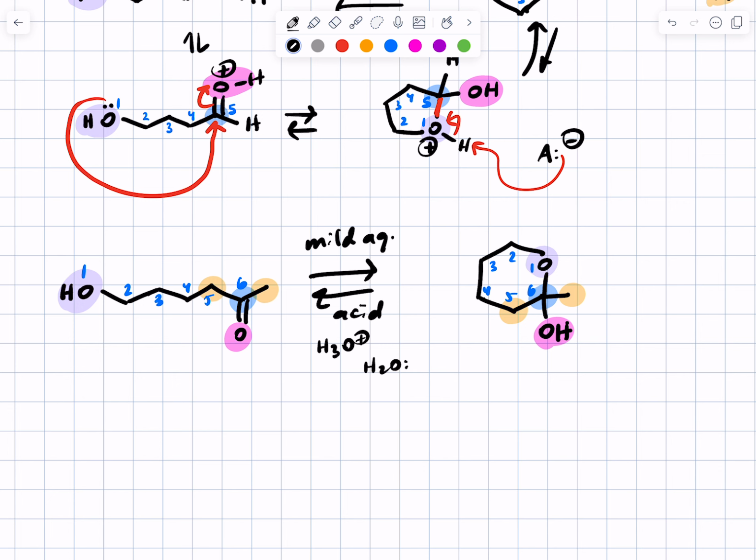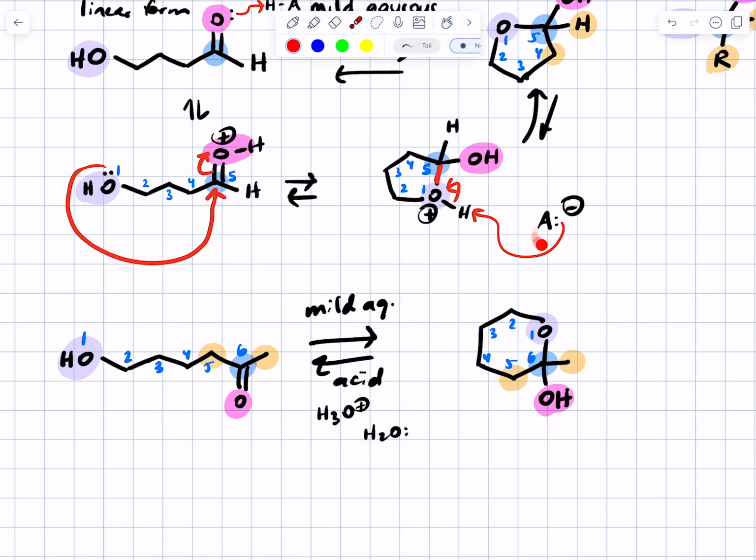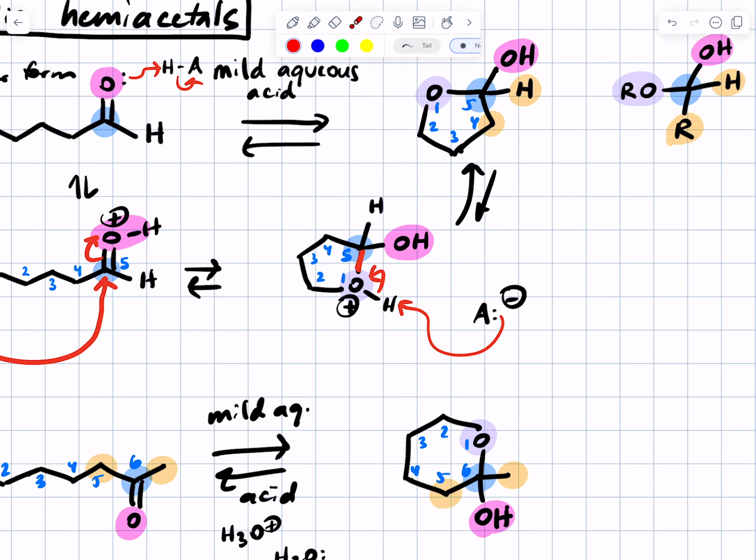So probably at this stage of the mechanism, you're asking what does this? Yeah. Probably water. It removes the proton from light purple, and then what that does is that regenerates your acid.